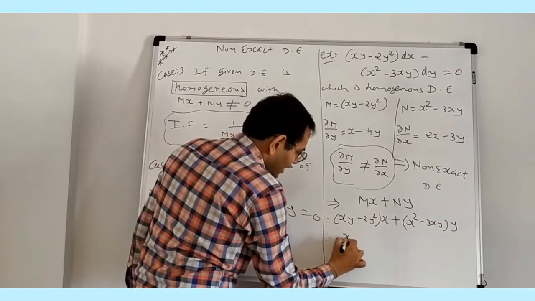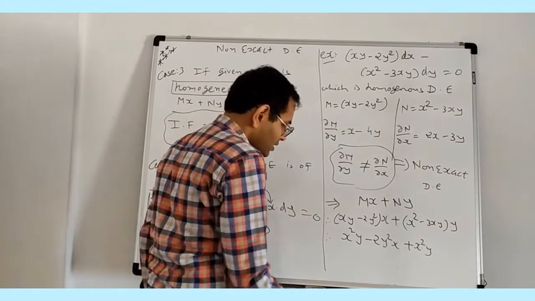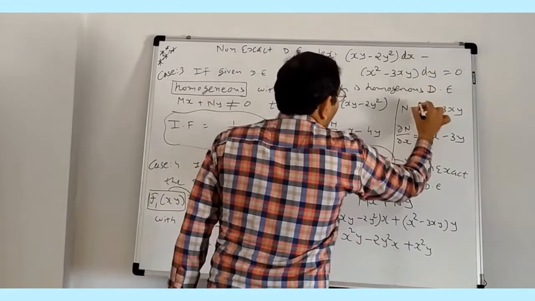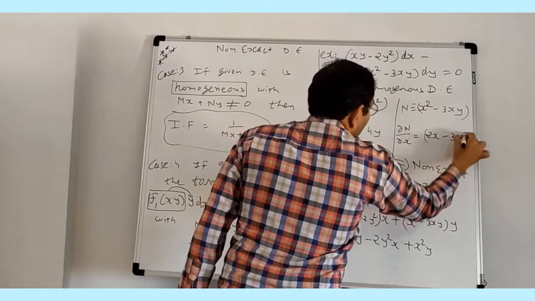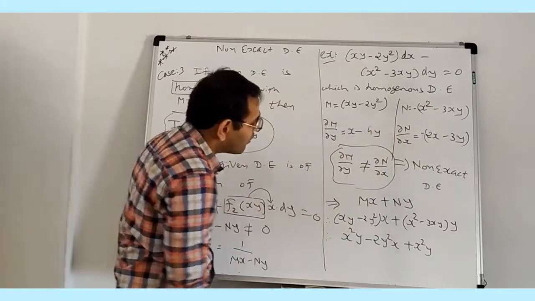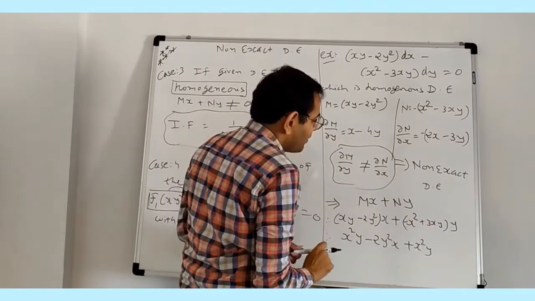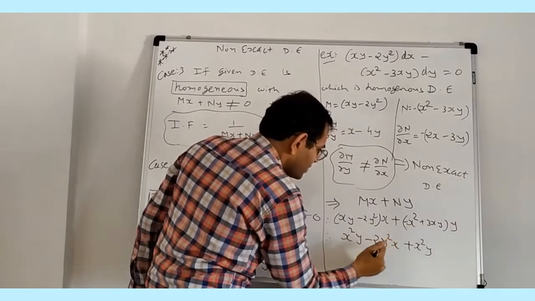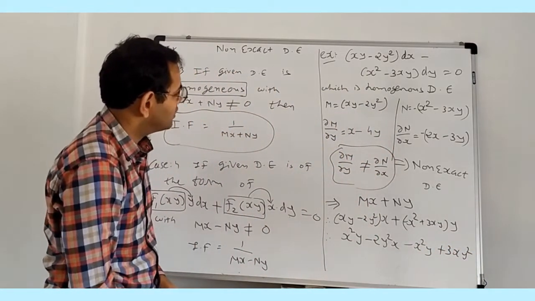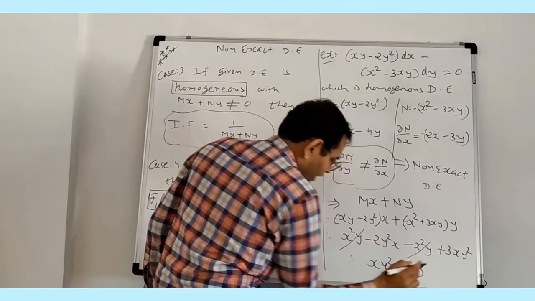Just expand this. Then we get x square y minus 2y square x plus x square y, and since N has a minus sign, we consider it with the sign. Expanding, the first term is minus and the other term is plus, then the x square y terms cancel, and on subtraction we get xy square, which is not equal to 0.